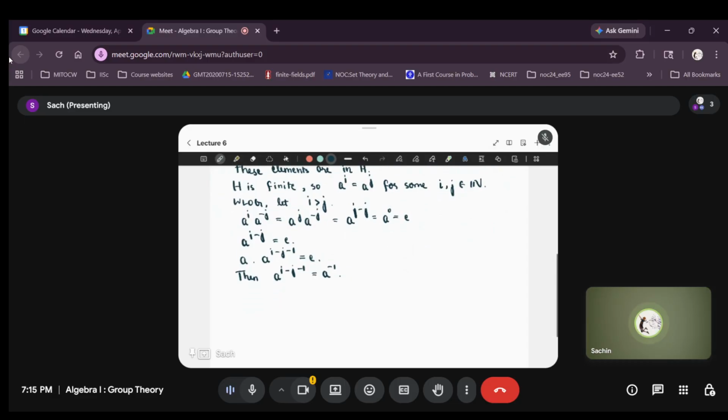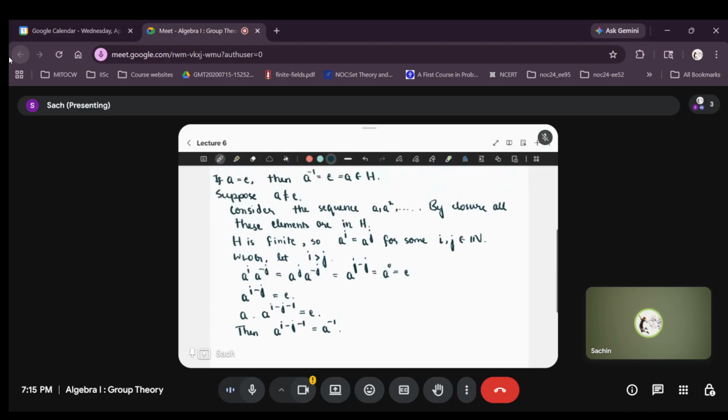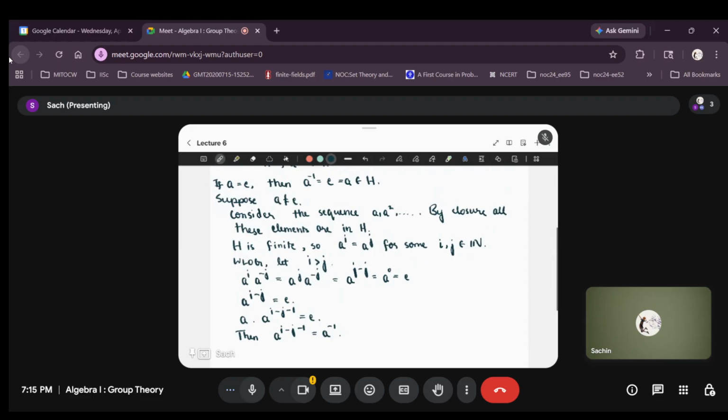So it is a non-negative power of A, and all non-negative powers of A belong to H by closure.